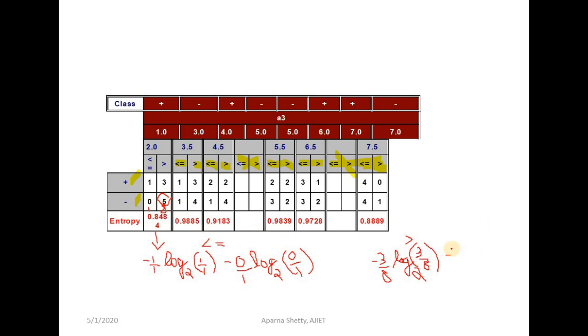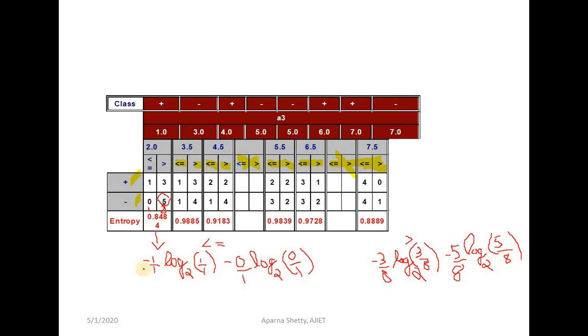So minus 5 divided by 8 log to the base 2, 5 by 8.